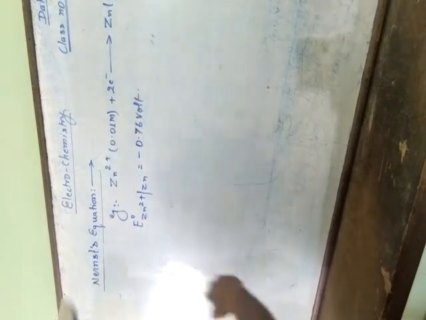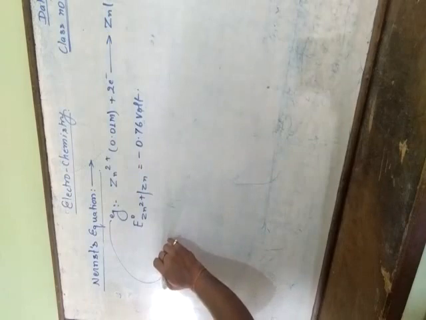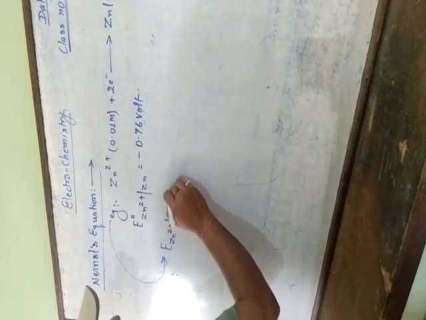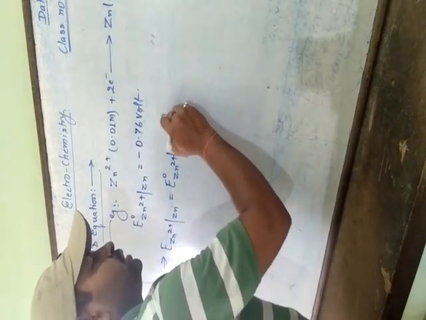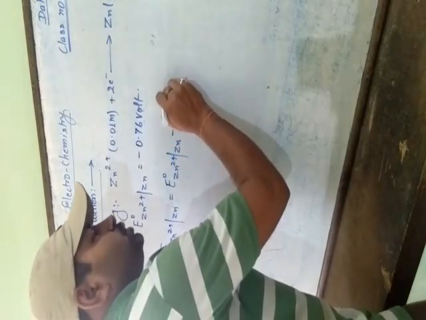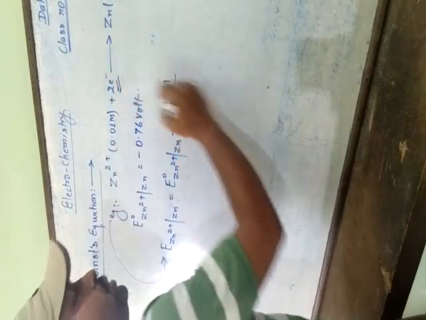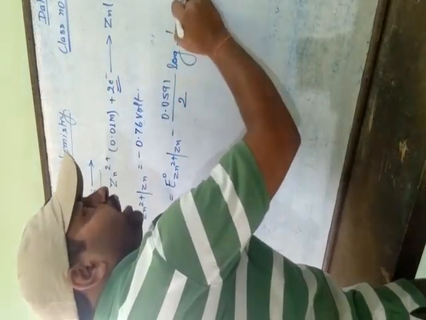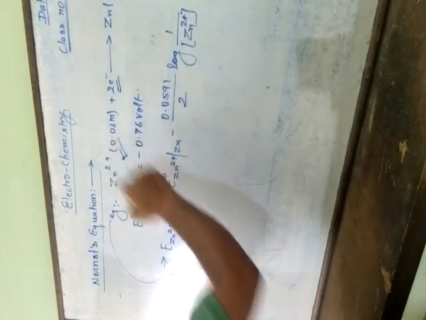Putting this in the Nernst equation, E of Zn2+/Zn equals E naught of Zn2+/Zn minus 0.0591 by how many electrons are involved here? 2. So 2 log 1 by the concentration of Zn2+.